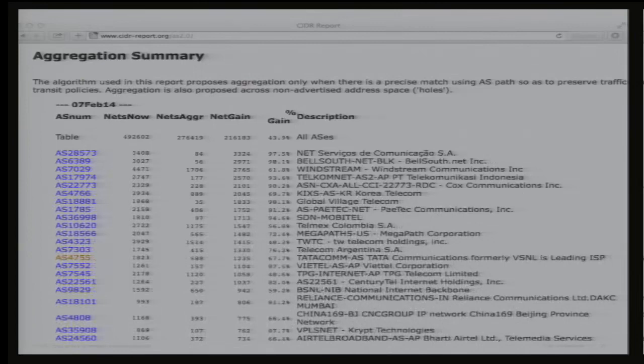In this particular case, Net Services, if they do the aggregation based on the assigned blocks, the size of their announced prefixes could reduce by 97%. It could go from 3,400 to 84. So significant reduction. These are the top 30 listed.